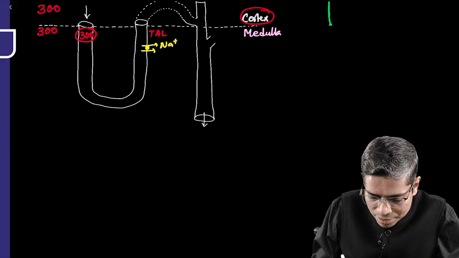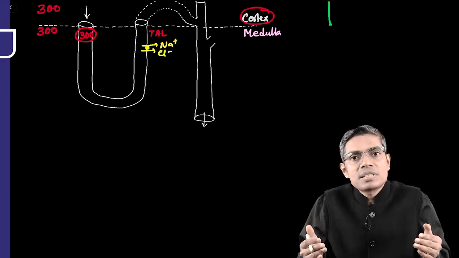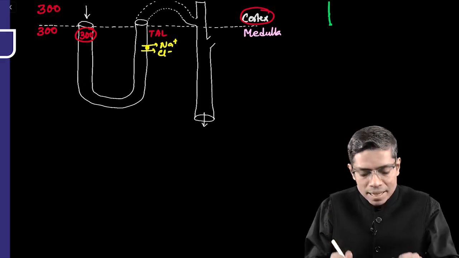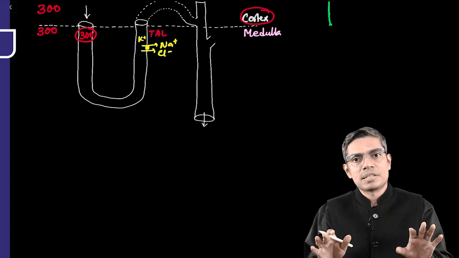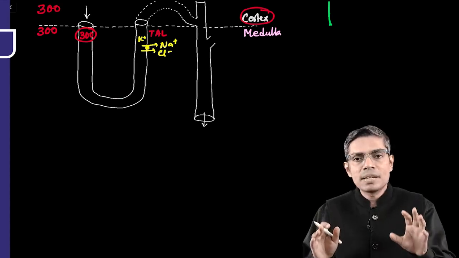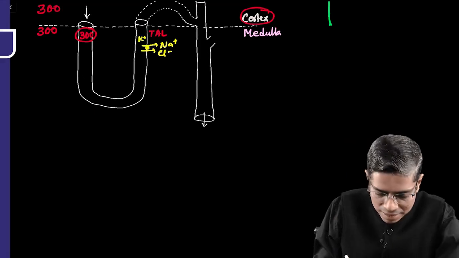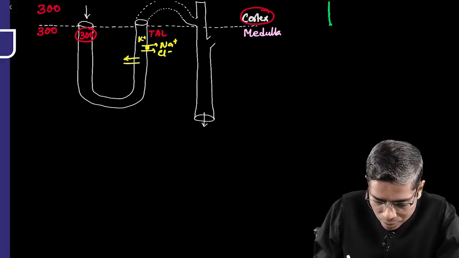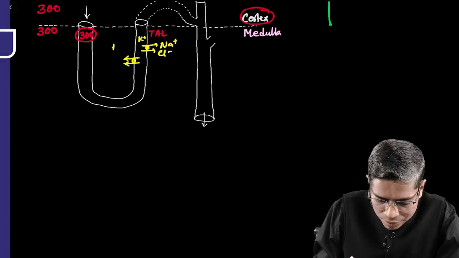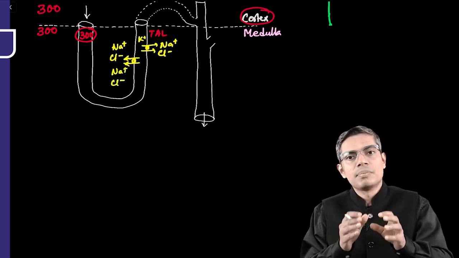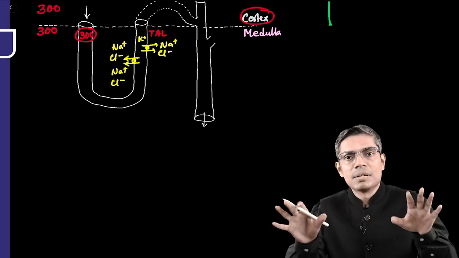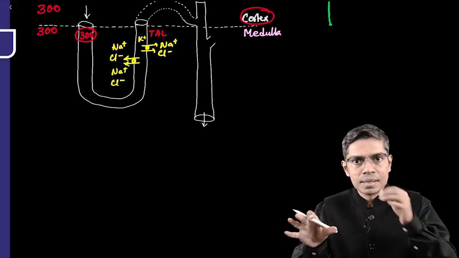Sodium as well as chloride. I am not writing potassium because potassium will diffuse back into the lumen, so please don't get confused. So sodium and chloride will be reabsorbed by the TAL. There will be reabsorption of more sodium and more chloride. It will enter from the lumen into the medullary interstitium. Getting my point?